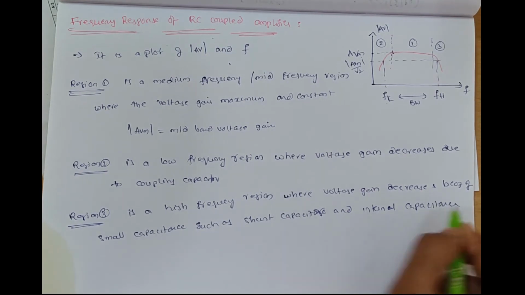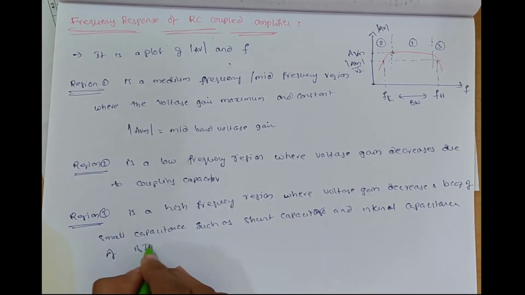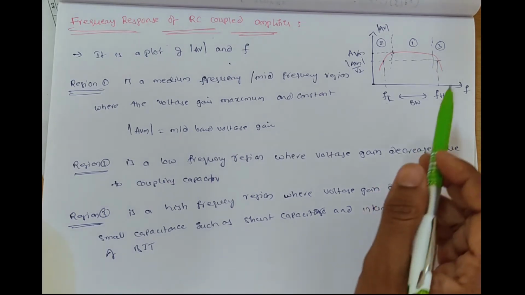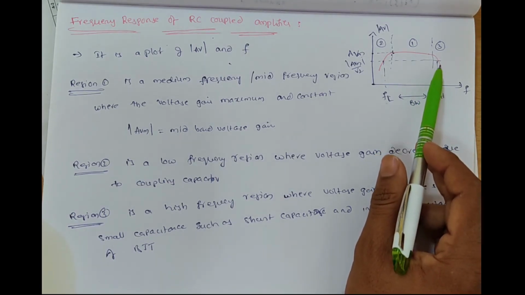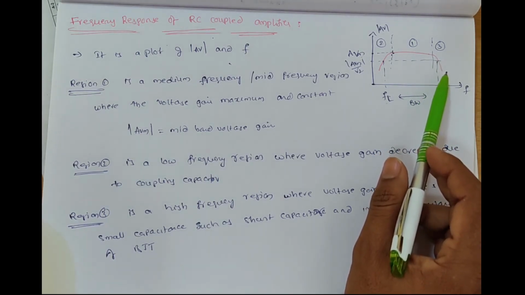Due to this reason, in region 3 the voltage gain decreases.